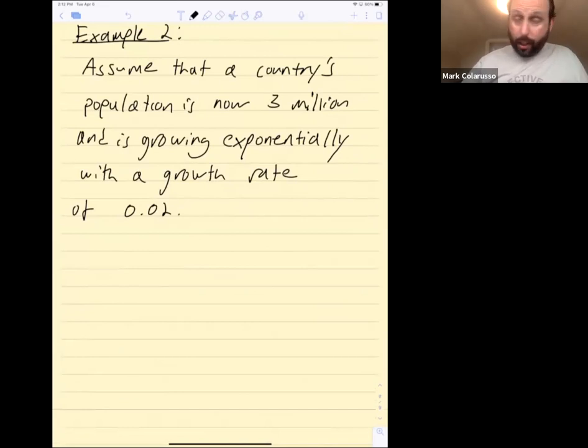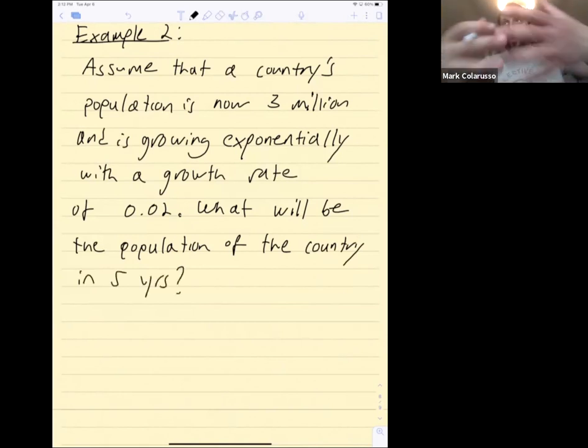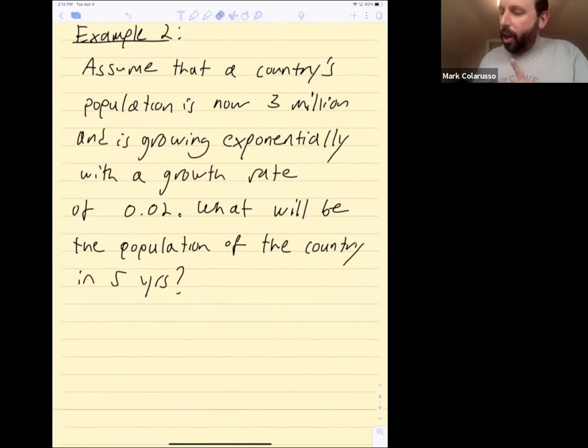And then this is exactly the question I was asking to motivate this whole thing. What will be the population of the country in 5 years? Okay, so you have a country, population is growing exponentially. You want to compute, sorry, not what will be the population, but what will be the average?